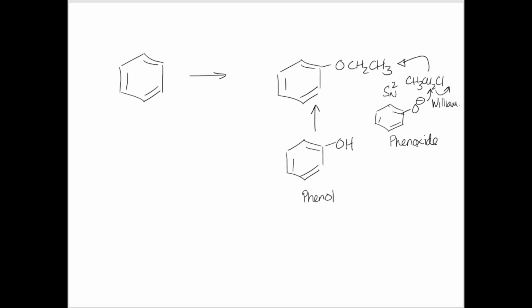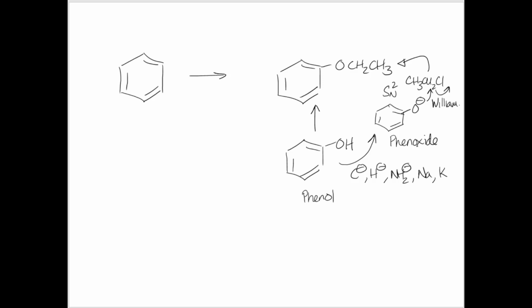So then the question is, how do I deprotonate my phenol and form a phenoxide? And there's lots of reagents that we can use for that. We could use a C-, we could use an H-, we could use NH2-. We could also use sodium, we could also use potassium metal, right?